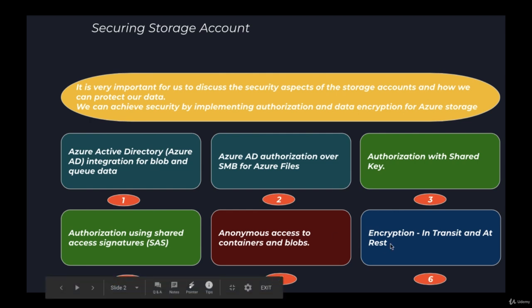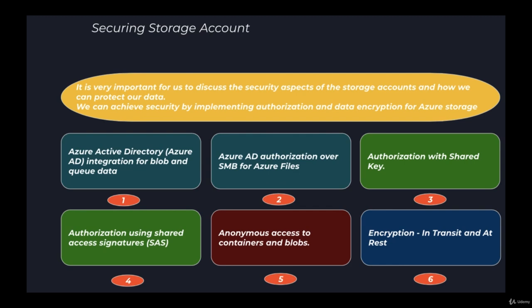And then we have encryption in transit and encryption at rest. We'll discuss these options in detail. Like we discussed, in the case of encryption in transit, we can use HTTPS to secure the data which is transferring over the wire, and we can also use client-side encryption. In the case of encryption at rest, we can use Storage Service Encryption.